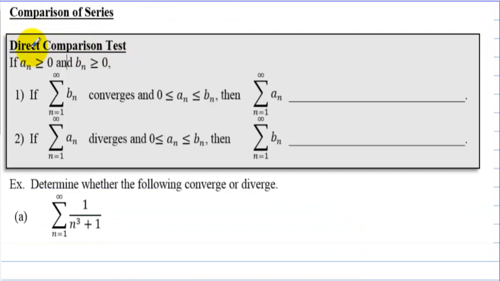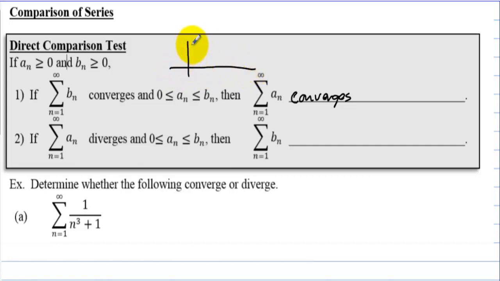Direct comparison test. If a sub n is positive and b sub n is positive, we have 1. If b sub n converges and a sub n is between 0 and b sub n, then a sub n converges as well. If a sub n is always below b sub n, and b sub n is decreasing fast enough to converge, then a sub n must be decreasing fast enough as well.